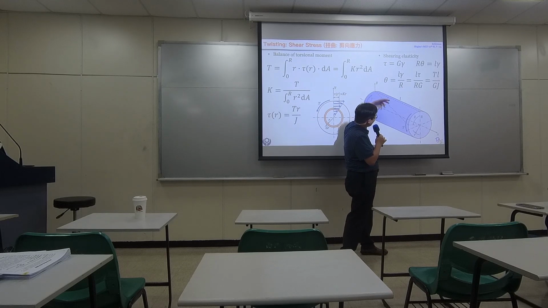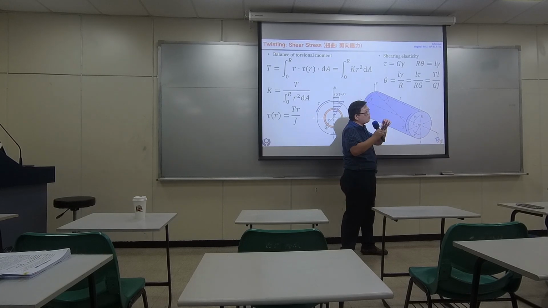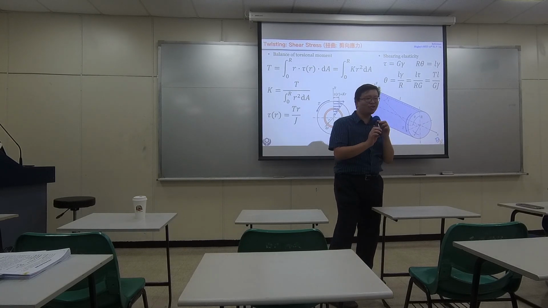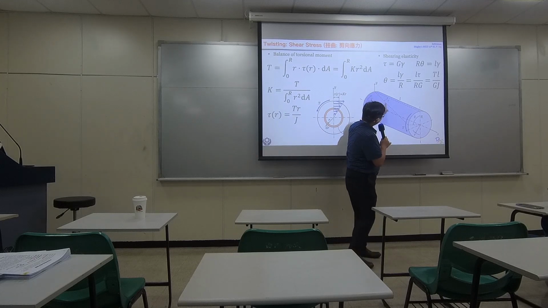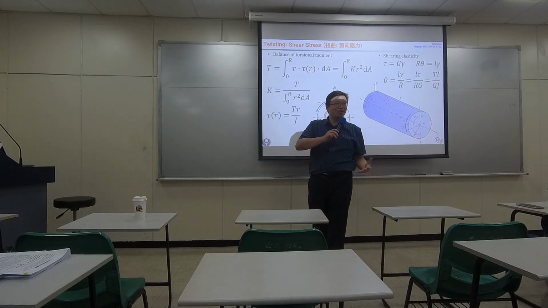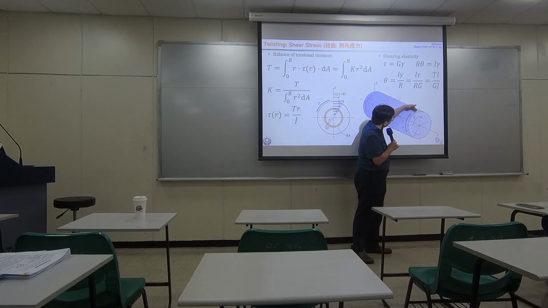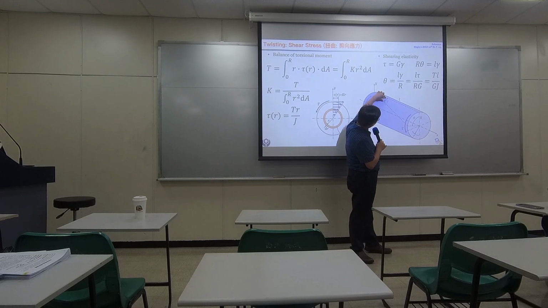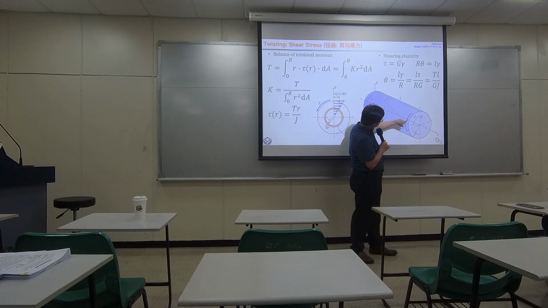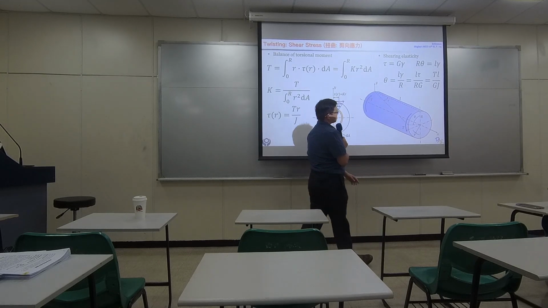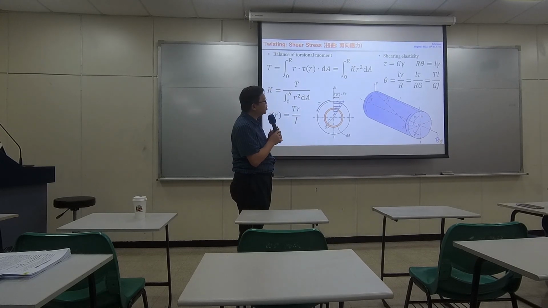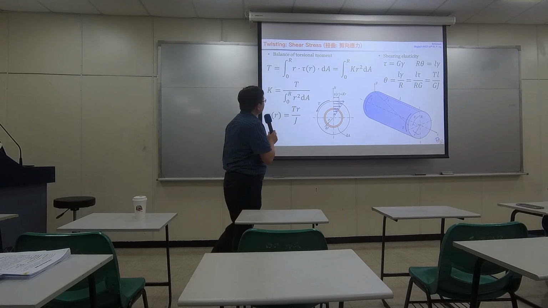Which means this gamma is so small, you can barely see it. When we have so tiny a deformation like that, this dashed line you can say is still a straight line, okay? So when you twist this dashed line to here, the angle right here is gamma, and the angle right here is theta. Later on we will use those geometrical relationships to derive some equations.